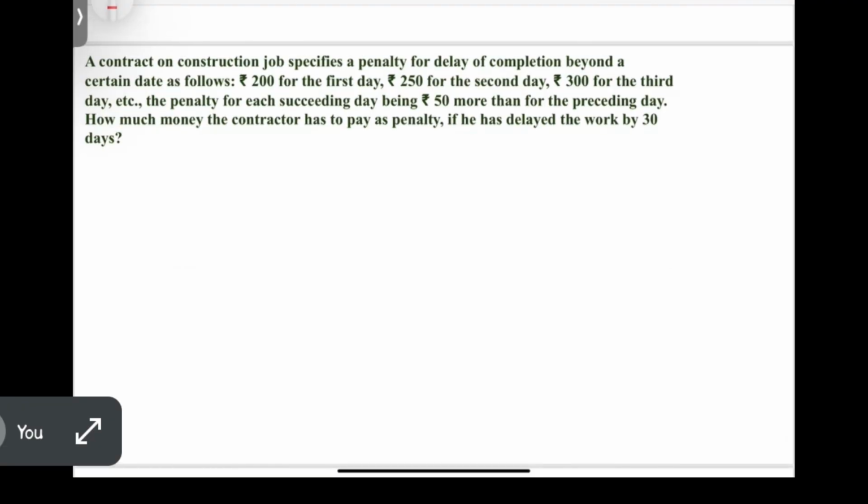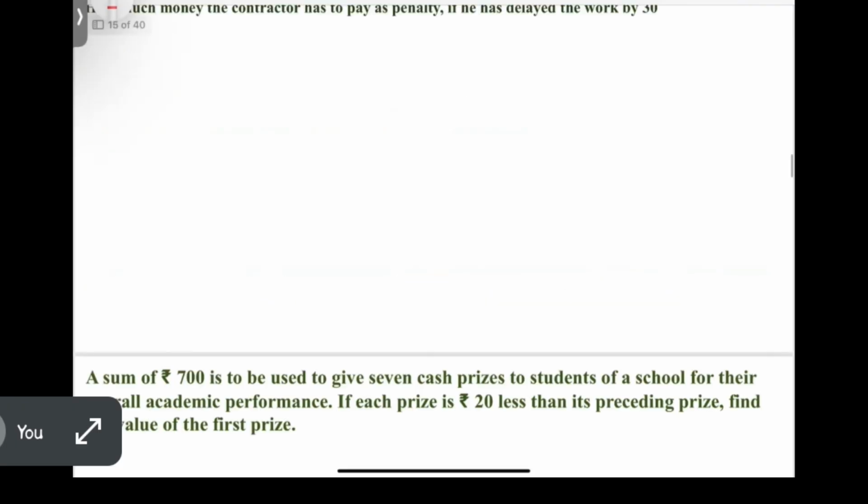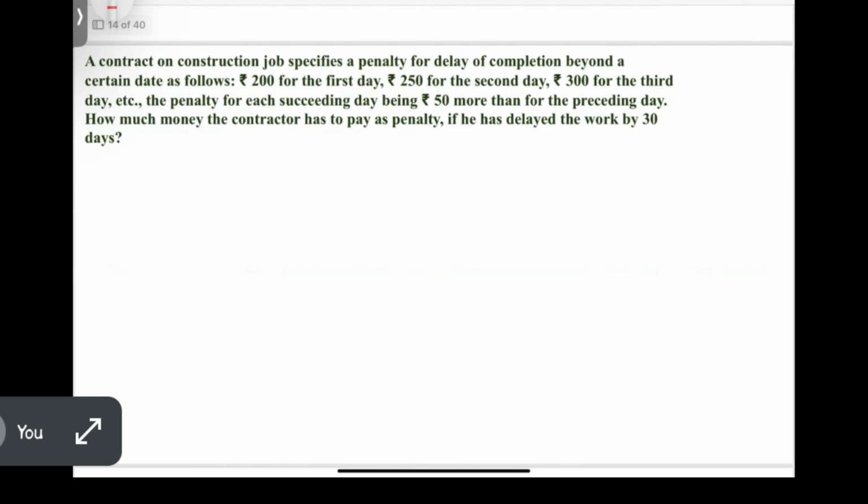Since the syllabus is demanding this kind of question, let's try one. A contract on a construction job specifies a penalty for delay of completion beyond a certain date as follows: 200 for the first day, 250 for the second day, 300 for the third day.